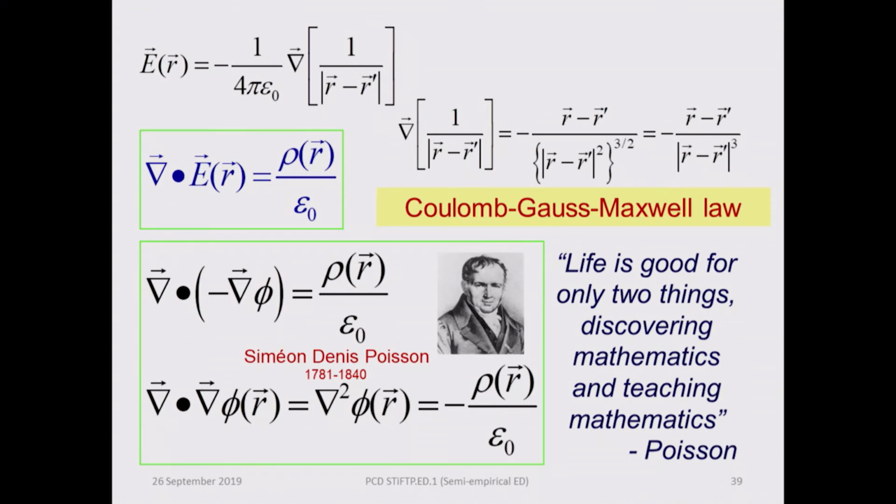And if you write the electric field in terms of the gradient of the potential, which is actually the negative gradient of the potential, it being a conservative field, then you get a second order inhomogeneous differential equation, which is the Poisson equation.